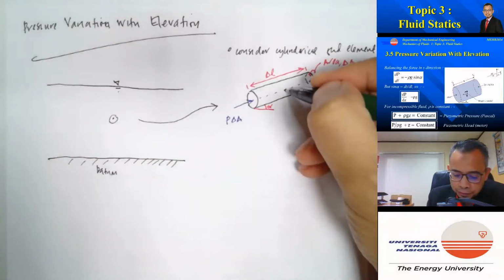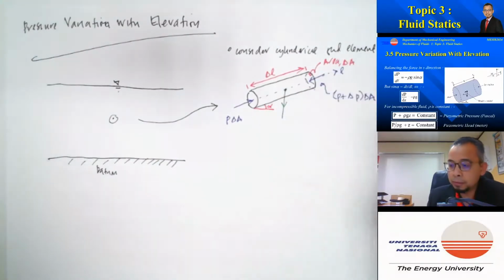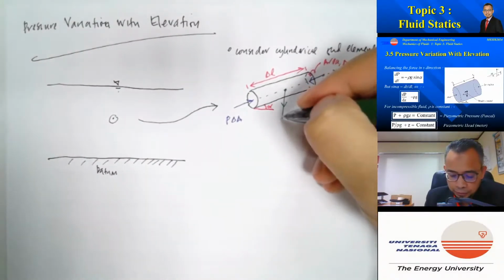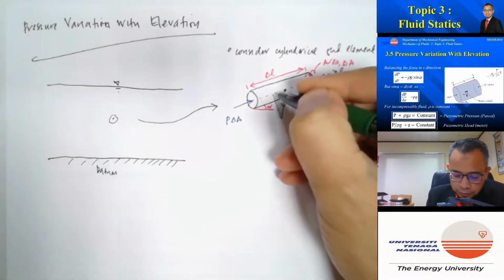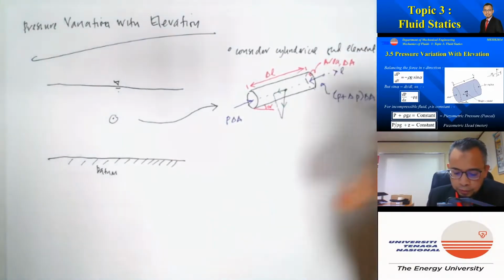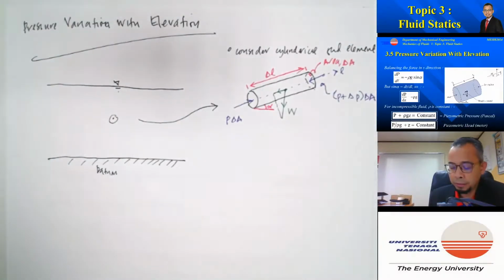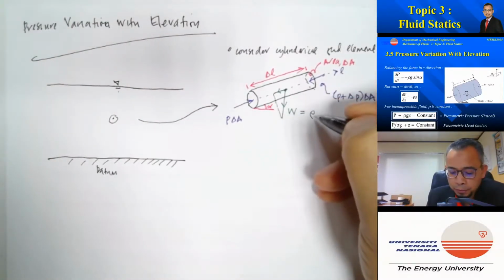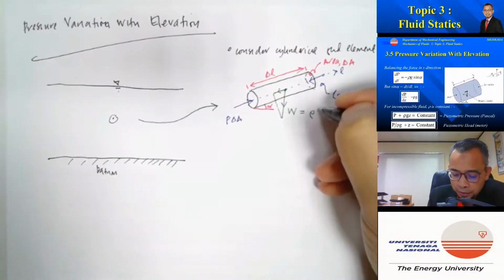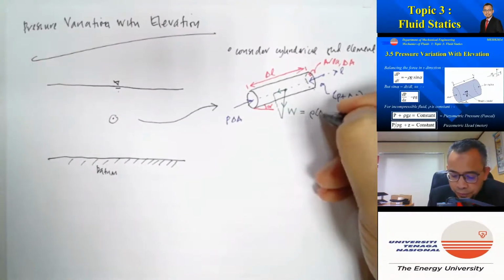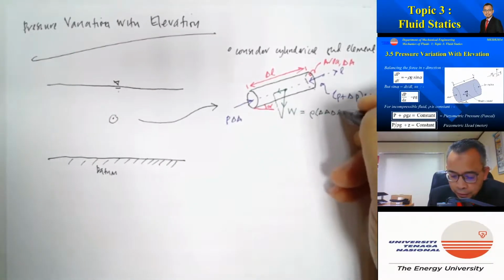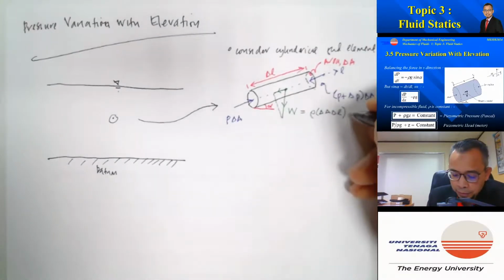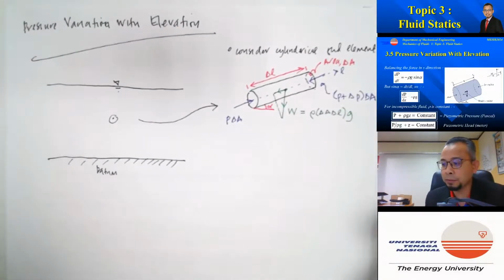Another force is the weight, and let's resolve that into components. So this is the weight. The weight is equal to the density multiplied by the volume, where volume is delta A delta L, multiplied by the gravitational acceleration.